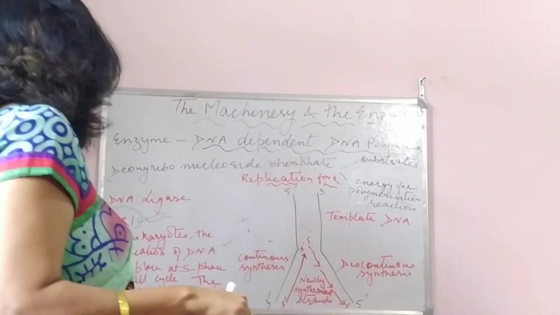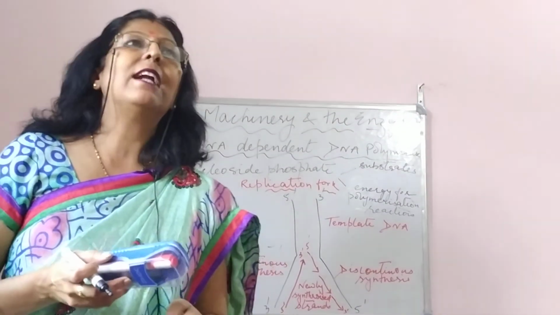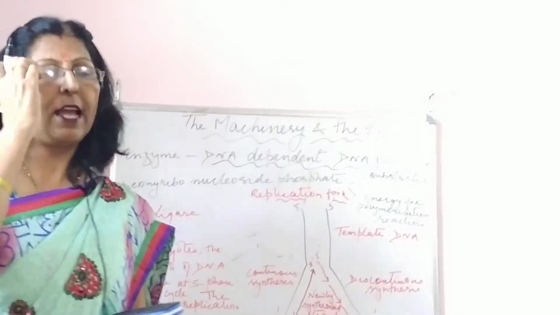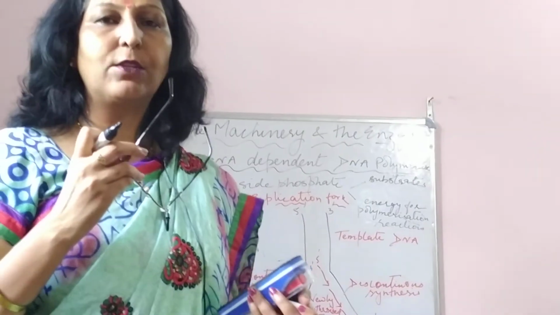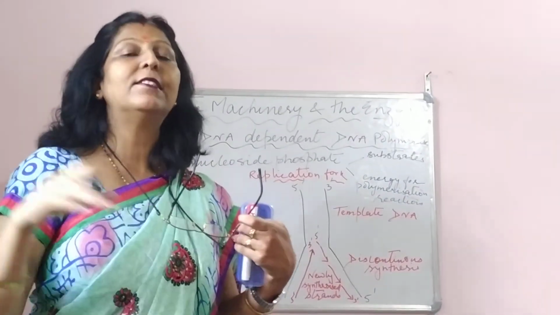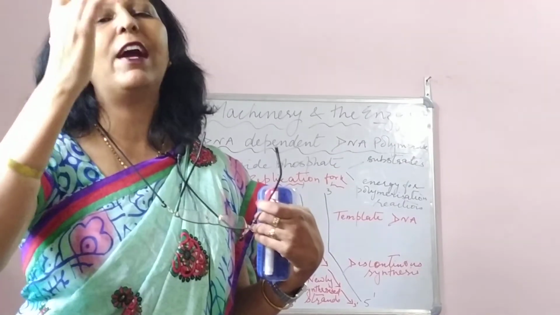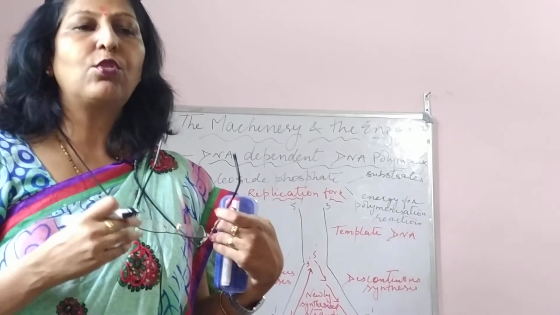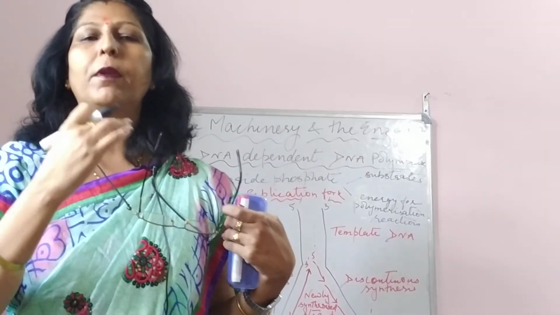And the cell division and DNA replication are coordinated. First of all DNA will replicate, and after DNA replicates, cell plate formation will take place so that it divides into two daughter cells, so that they have an equal number of chromosomes.